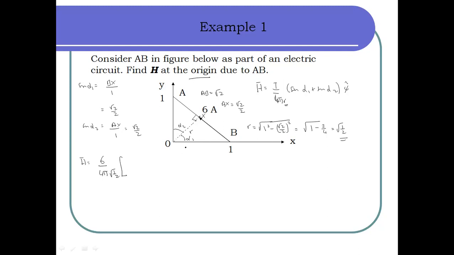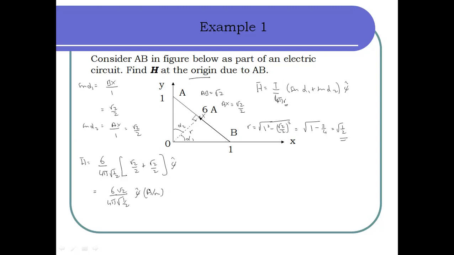Then we have sine of alpha 1, which is square root of 2 divided by 2, plus sine of alpha 2, which is also square root of 2 divided by 2, and then the direction of phi. We can simplify it to be equal to 6 divided by 4 pi, times square root of 1 over 2, and this should be equal to square root of 2, and then the direction of phi in ampere per meter.